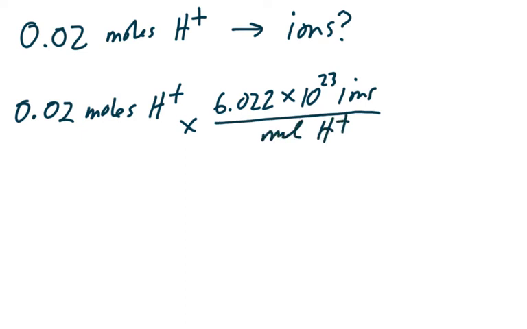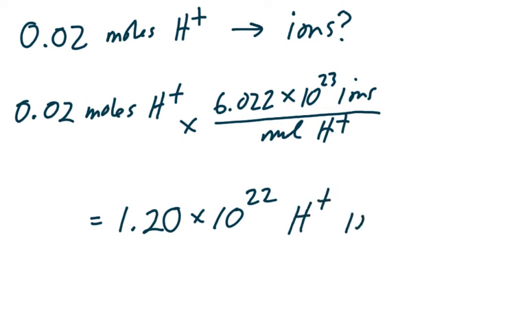That's the definition of a mole, is things, like how many, like 6.022 things per mole is the unit. So take our 0.02, multiply by 6.022 times 10 to the 23, and 2 tablets of regular strength Tums neutralizes 1.20 times 10 to the 22 H plus ions.